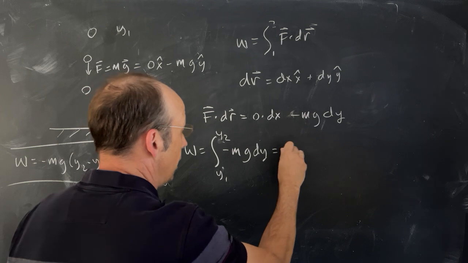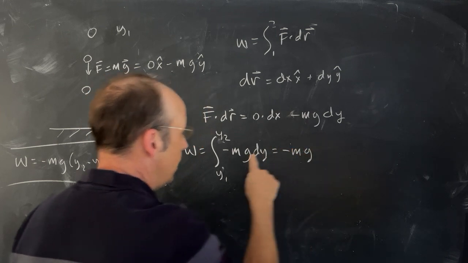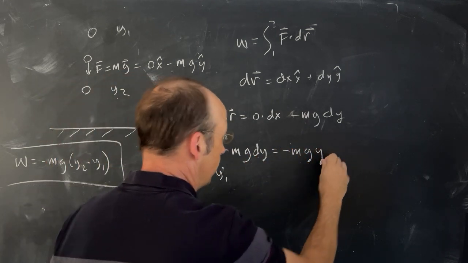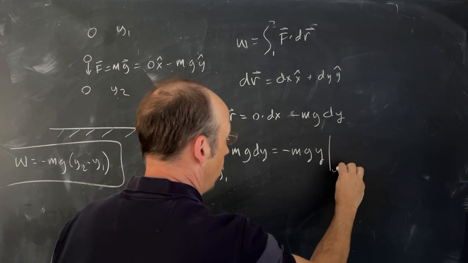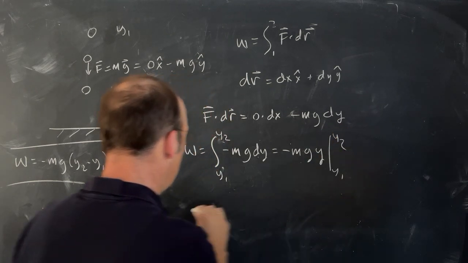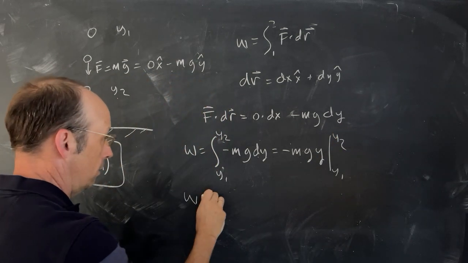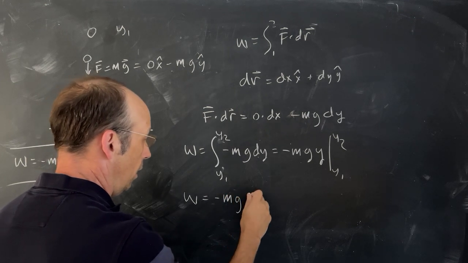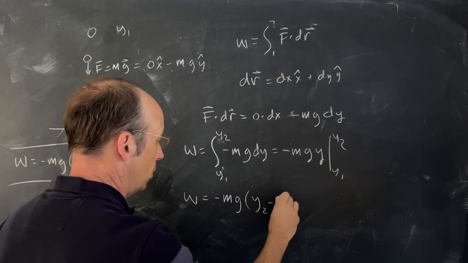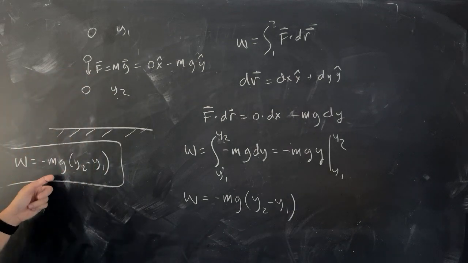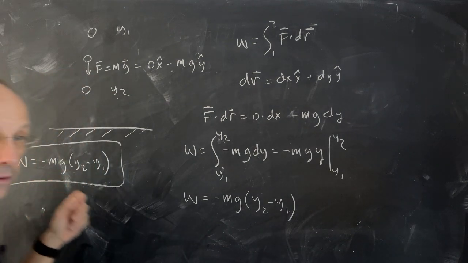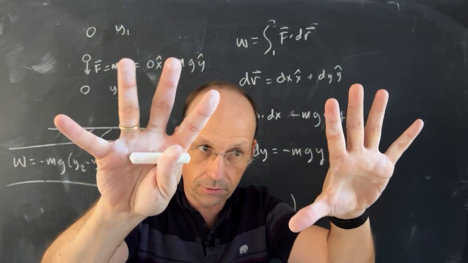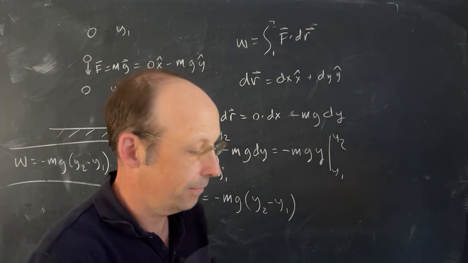So it's equal to negative mg, and then I integrate dy, I get y, from y1 to y2. So work is negative mg (y2 minus y1). Identical, which it should be, right?